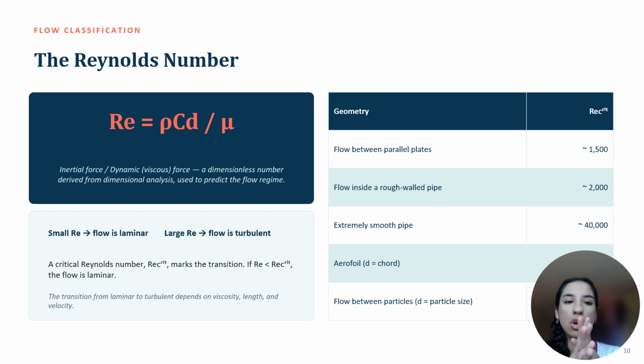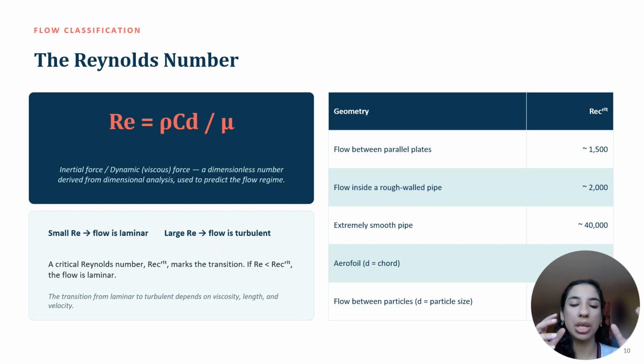We use dimensional analysis to find that number: density times velocity times the diameter of the pipe or whatever object you have, all divided by viscosity. If you have a small Reynolds number, the flow is going to be laminar, but if you have a very large Reynolds number, the flow is going to be turbulent.